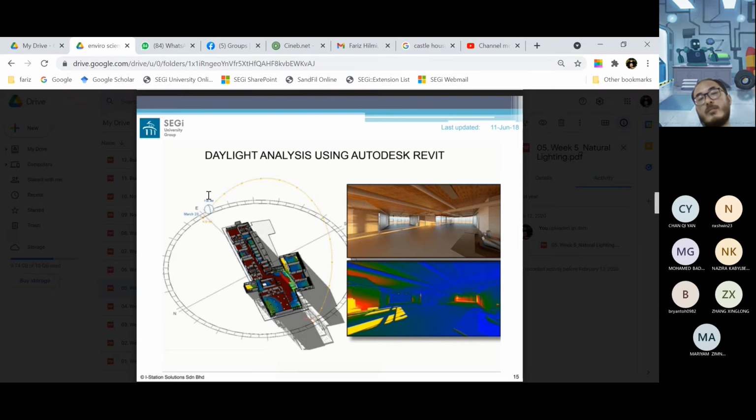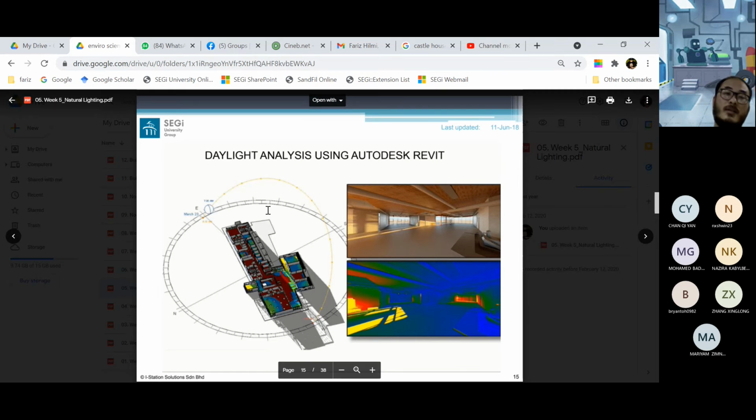By doing so, you can see the minimum length. The building is basically a triangle.